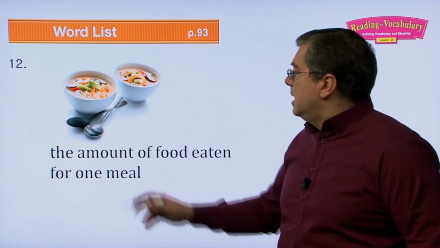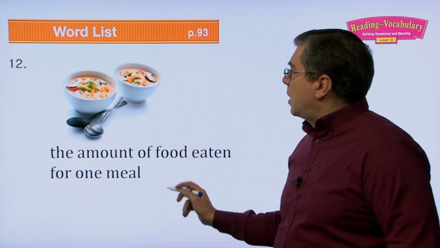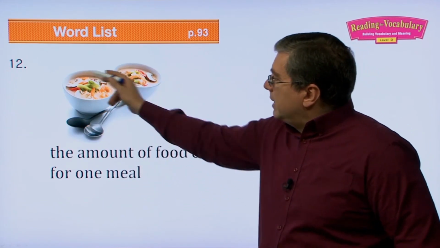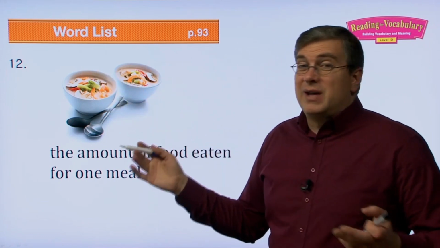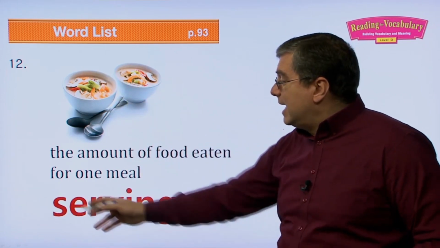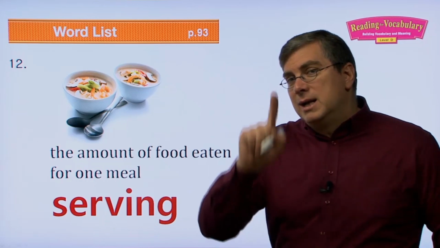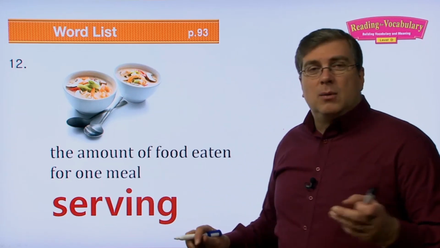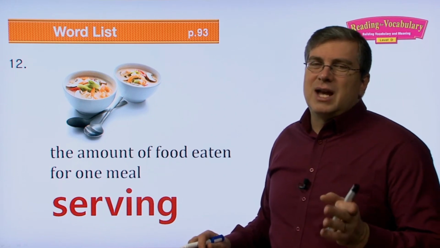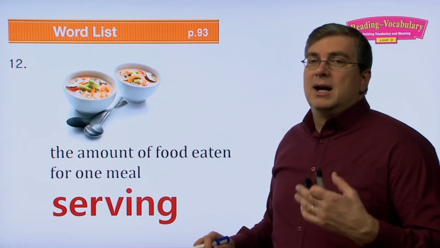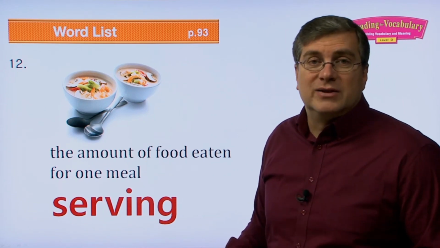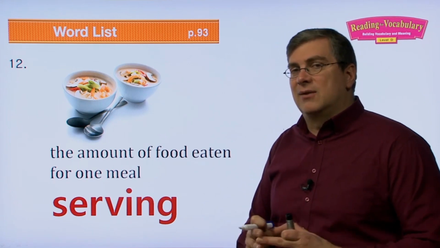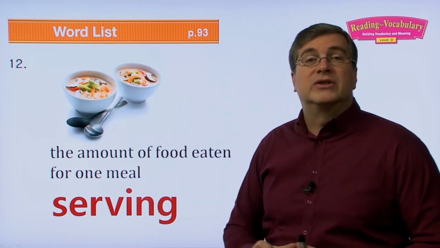Okay, next one. The amount of food eaten for one meal. So if you only eat one of these bowls and that's your entire meal, we call that a serving. One serving. Actually, not usually. You just say, I'll have the steak and fries. That's one serving of a steak and fries. Or I'll have a bowl of soup.